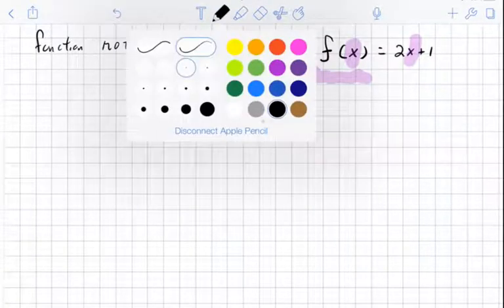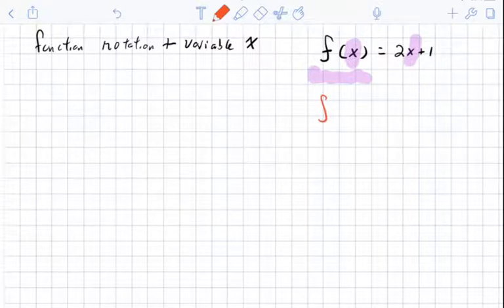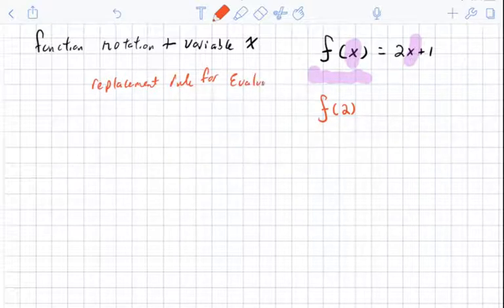Why do we care about the name of the variable? Well, in part, this gives us a recipe called the substitution rule, or sometimes it's called the replacement rule, for evaluating functions. This expression here, f of 2, doesn't just specify, as I said when I taught it to you, that we want to evaluate the function at x equals 2.